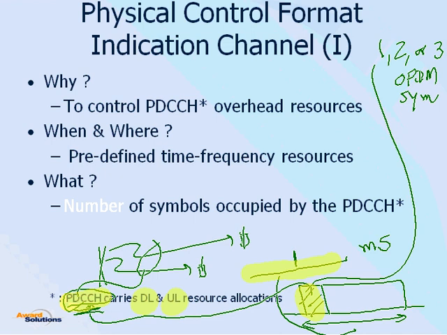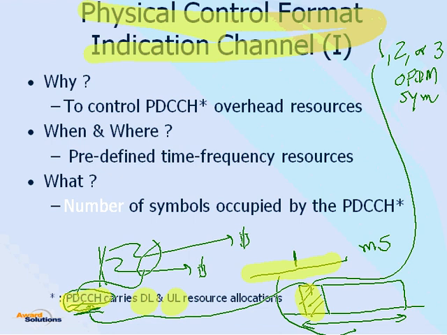Did the E node B give me something for my downlink reception, for my uplink transmission? So we need some way of knowing how many symbols occupy the control channel, and the answer to that question is this channel, the physical control format indication channel.